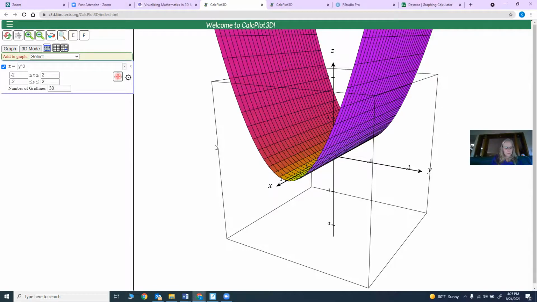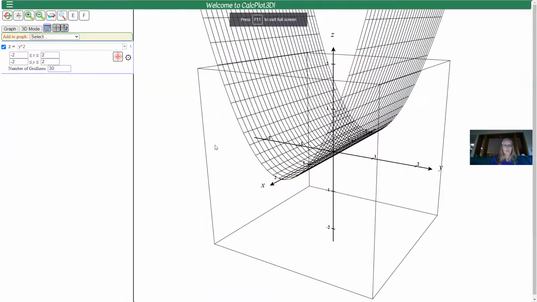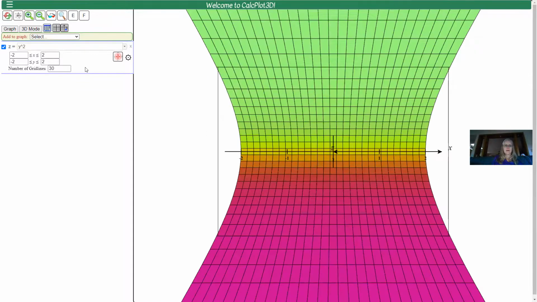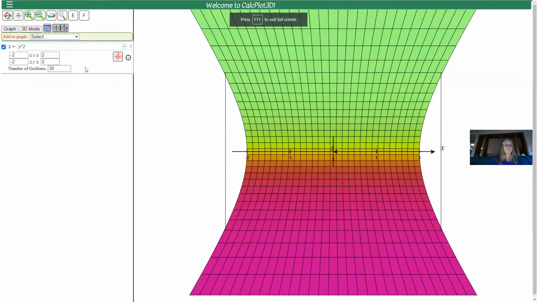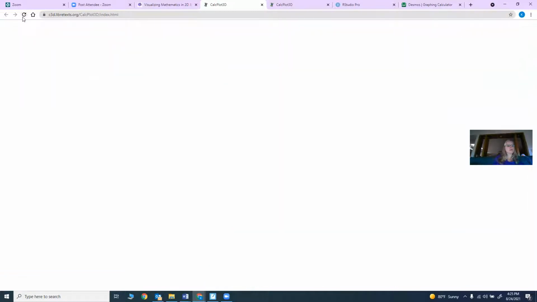Let's see if that works. There's a keystroke that will get it back to where we want, but I'll just go ahead and reload the page. It'll get us back to the normal window once it finishes reloading.